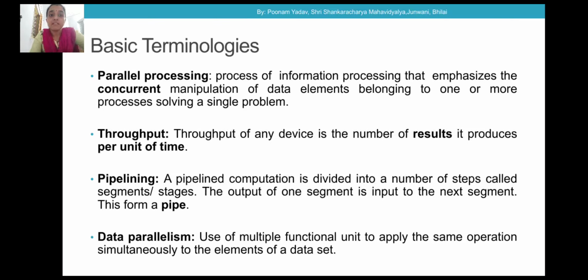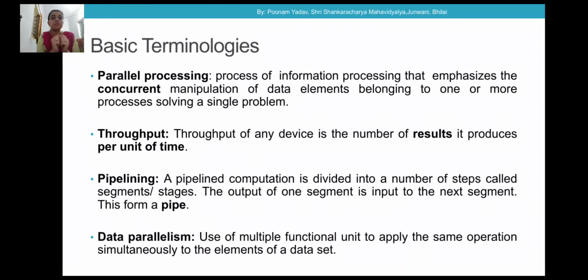Then data parallelism: the use of multiple functional units to apply the same operation simultaneously to the elements of a data set.